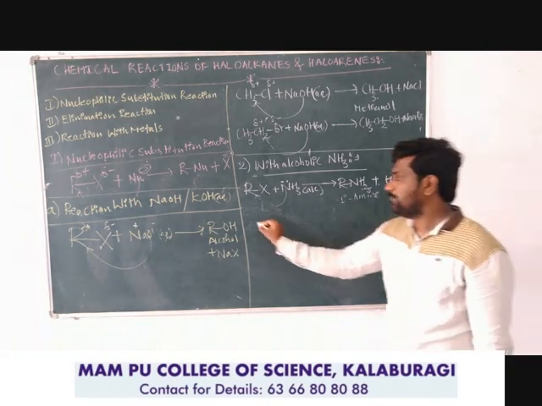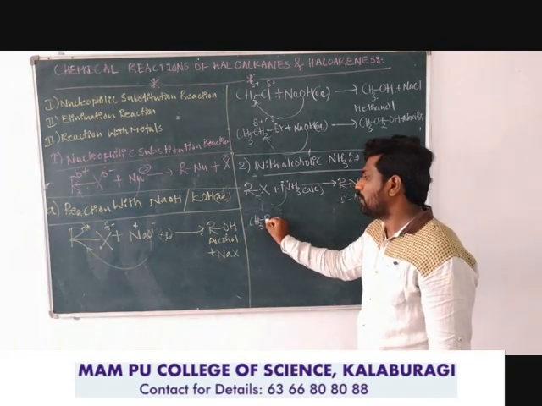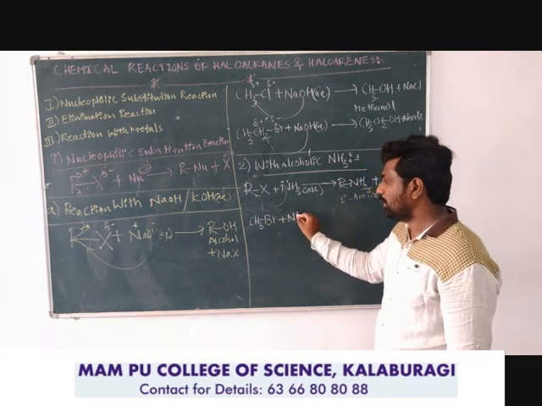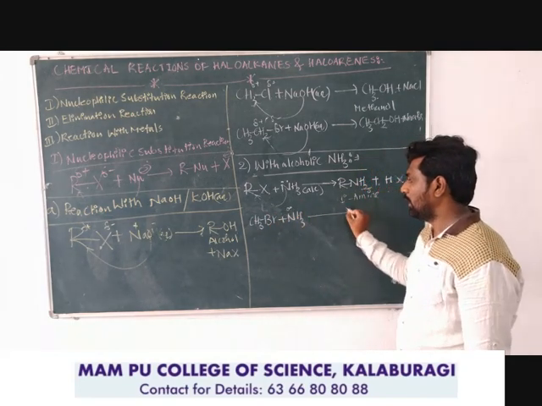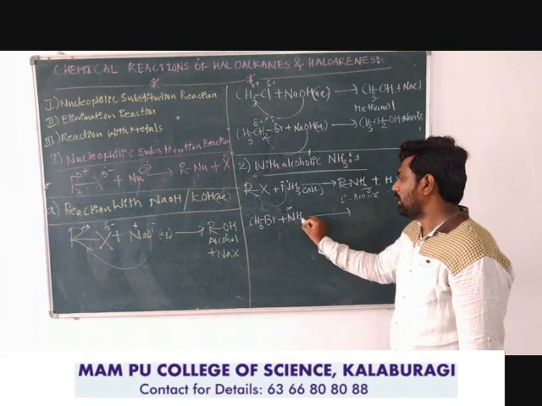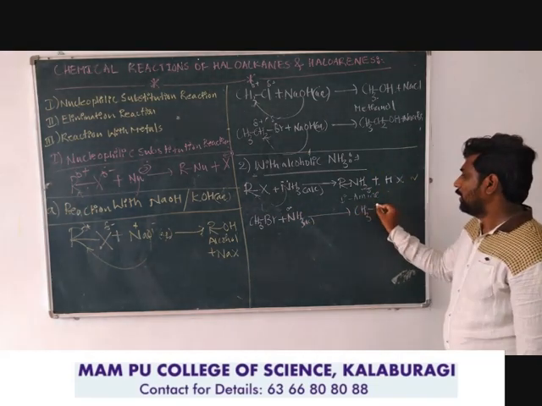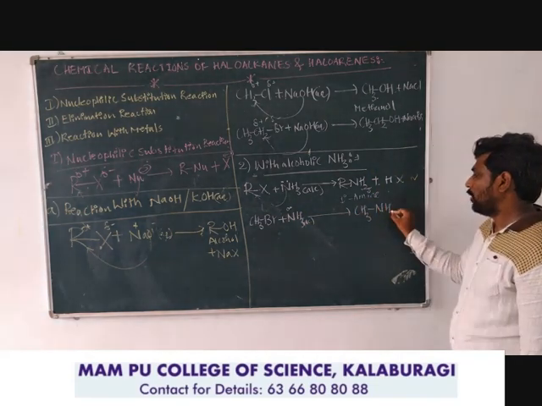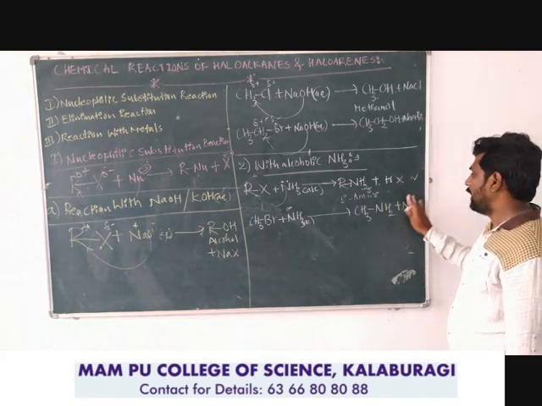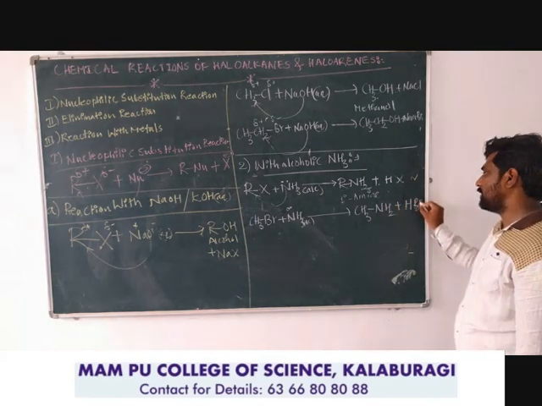So if I take methyl bromide with alcoholic ammonia, I am getting methanamine or methylamine, and HX, that is HBr, is the byproduct.